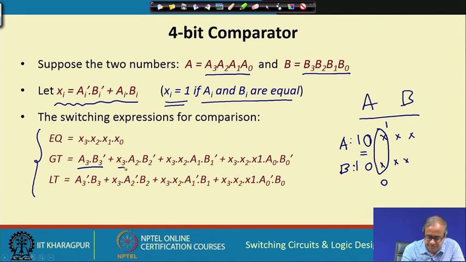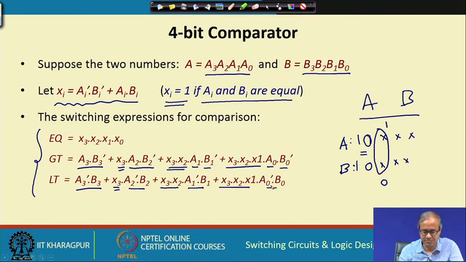So, the first bit is equal and A2 is 1, B2 is 0, or the first two bits are equal, A1 is 1, B1 is 0, or the first 3 bits are equal, A0 is 1, B0 is 0. The LT is just the reverse, instead of A3 B3 bar it is A3 bar B3, it is 0 1. They are equal and this, they are equal then this, they are equal then this. Same way you can straight away write down.